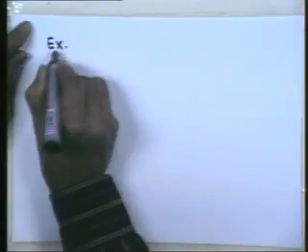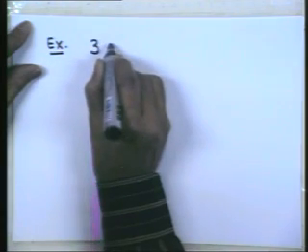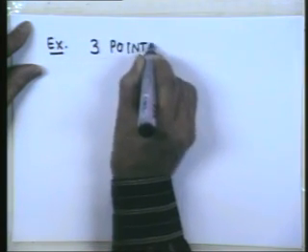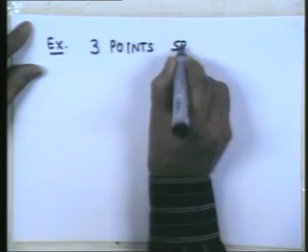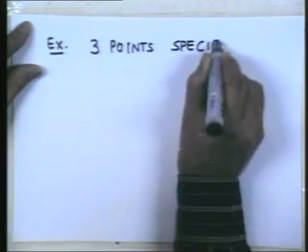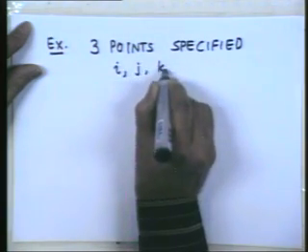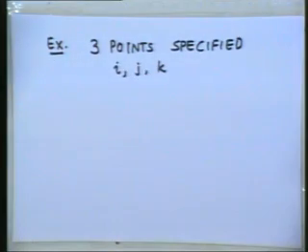So let's look at, for example, a typical case of 3 points specified. I am calling them I, J, K. These need not be the initial and final positions.